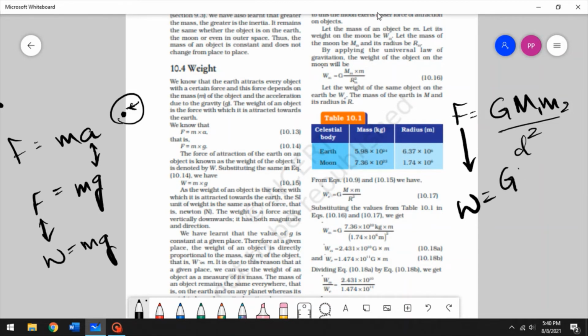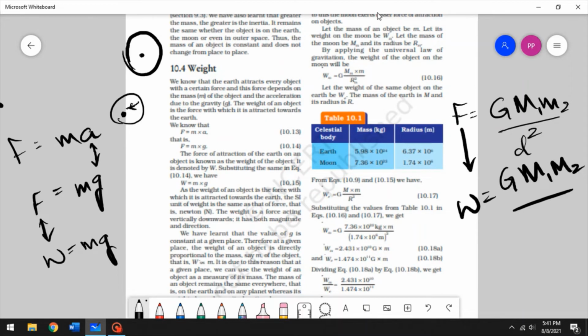G will remain G, m1, m2, by, instead of d squared, we're using the radius of that body, because whether it's a star or an asteroid or a planet or a moon, it doesn't matter. We're just finding the force that a celestial body exerts on an object present on its surface.